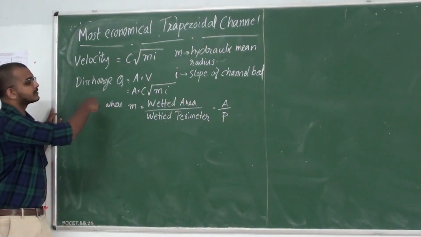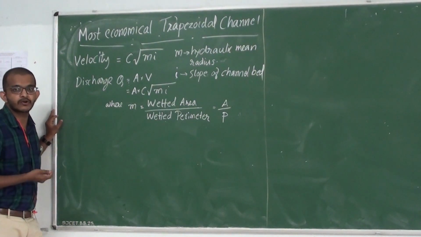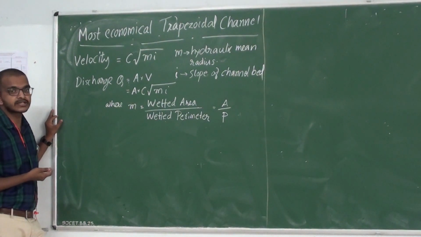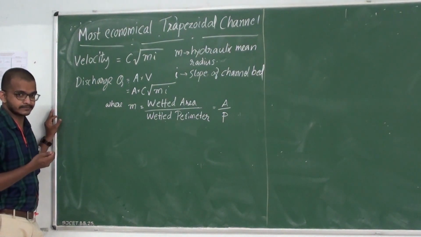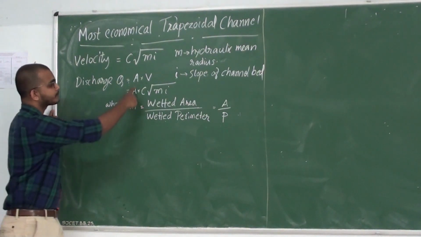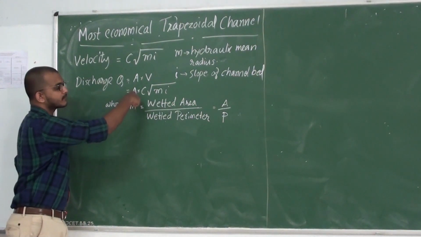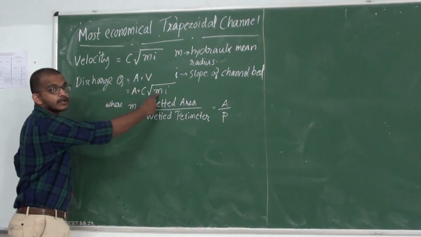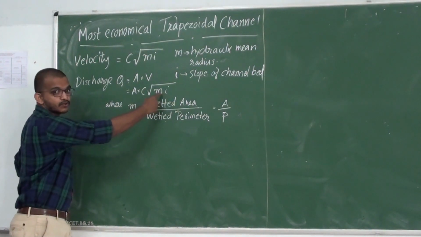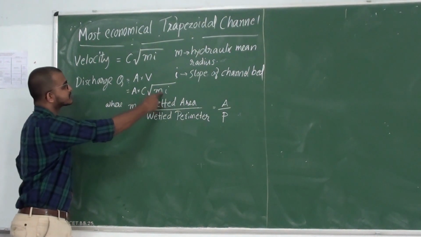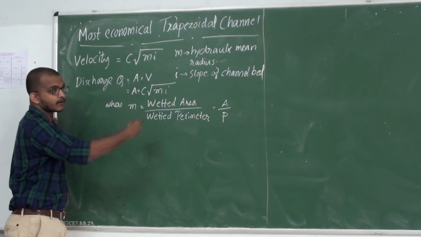A channel becomes the most efficient or most economical when the discharge is maximum. So, for a given area, the discharge is maximum when the hydraulic mean radius is maximum. I is the slope of the channel bed; for a given channel, I is constant. We make the flow area constant.